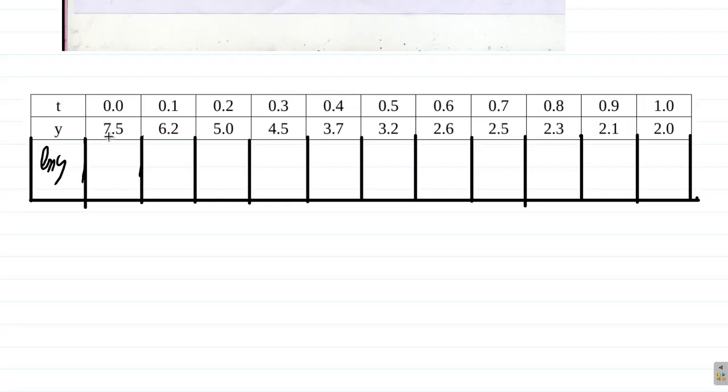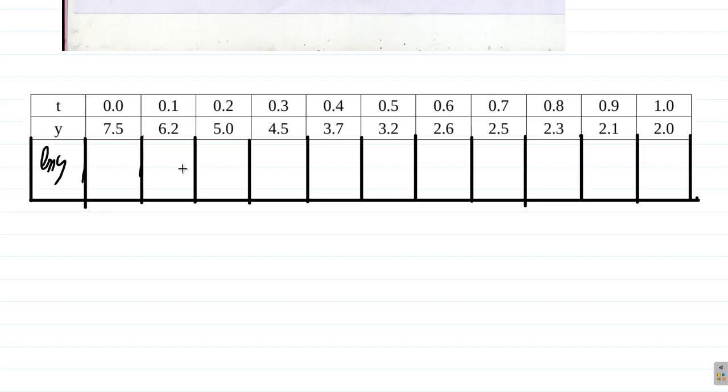Alright. So since it's so many, I'm going to just deal with it using my calculator off screen. So ln of 7.5 is 2.